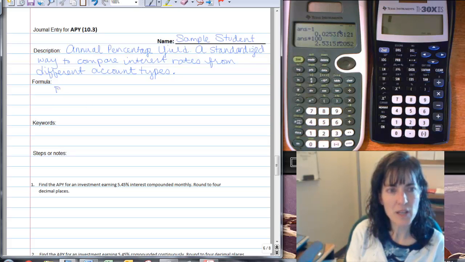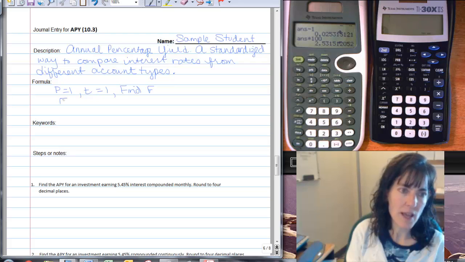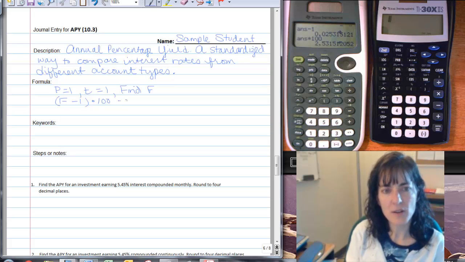We use P equals 1, T equals 1, and we find F, and then we use F minus 1 times 100 to give us the APY.